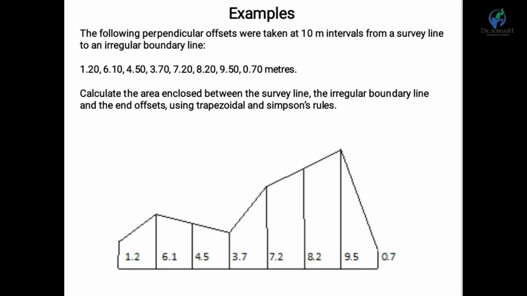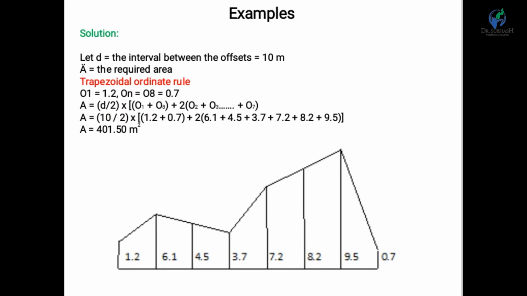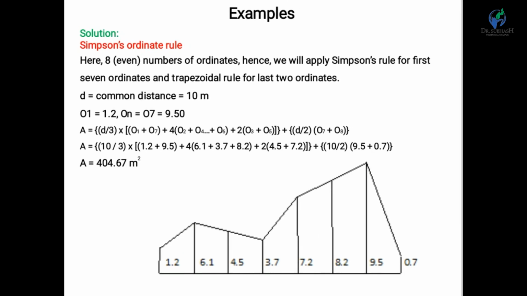In the picture, I am showing the different ordinates at different intervals. Now, as per the trapezoidal rule, we have previously seen the formula, and we put the data into it and get the area equal to 401.50 square meters.